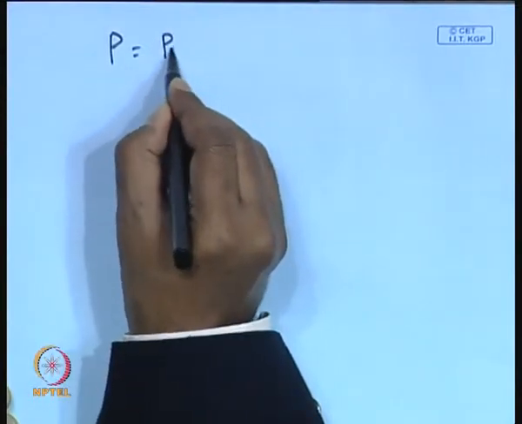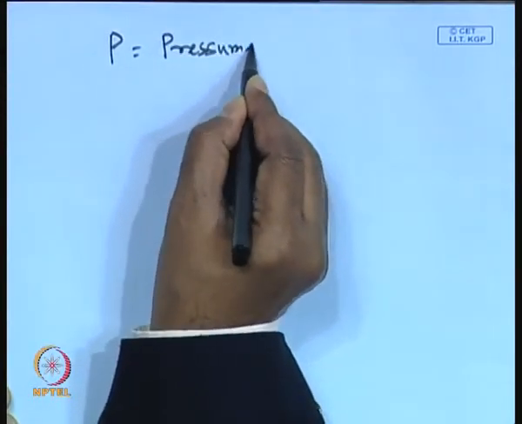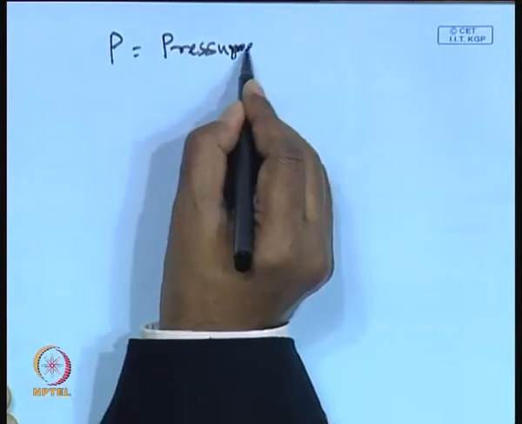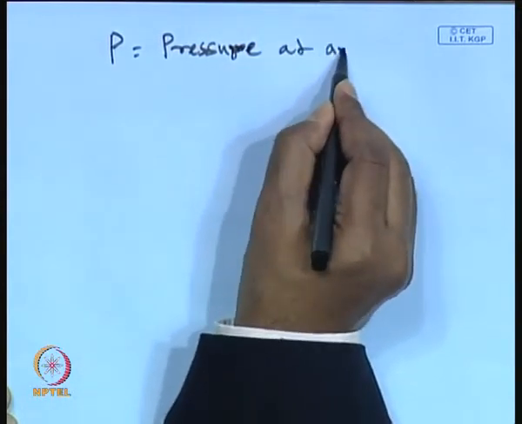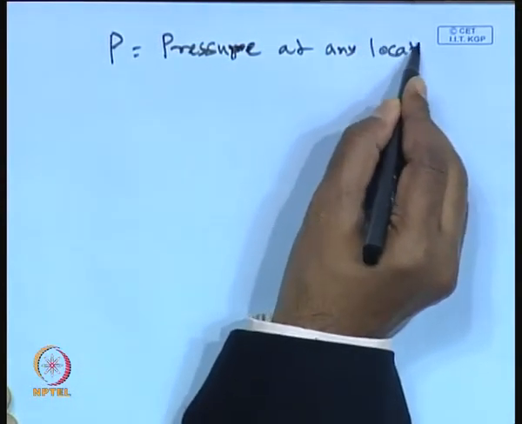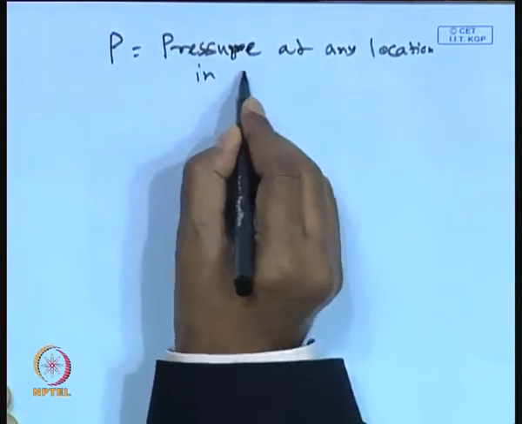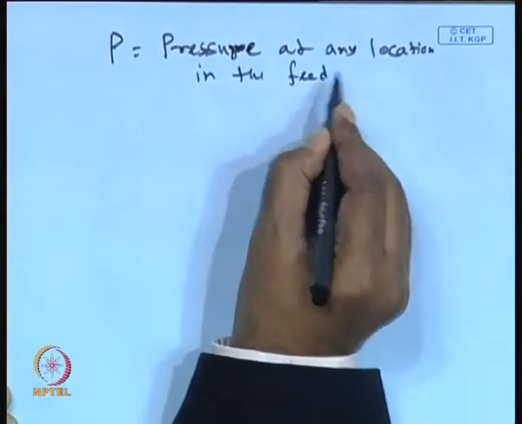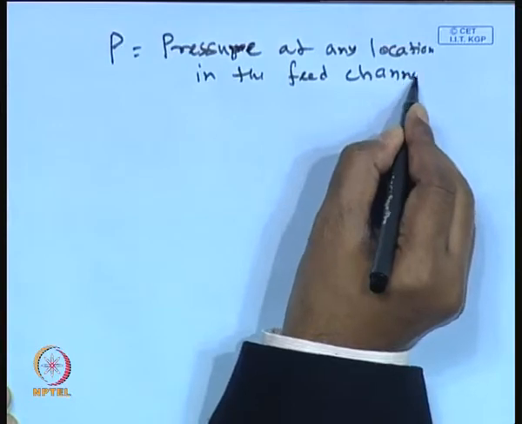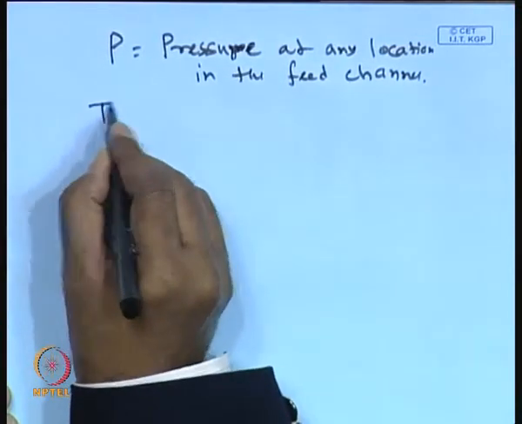Now, what is P? P is the pressure at any location in the feed side, in the feed channel, right. But what is the transmembrane pressure drop?